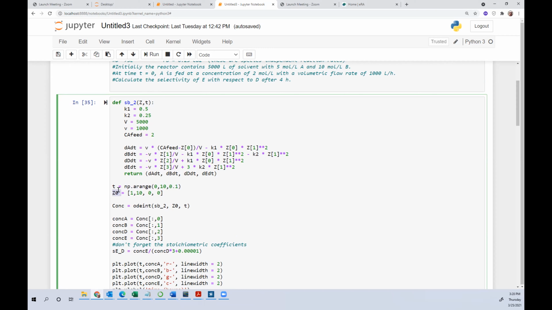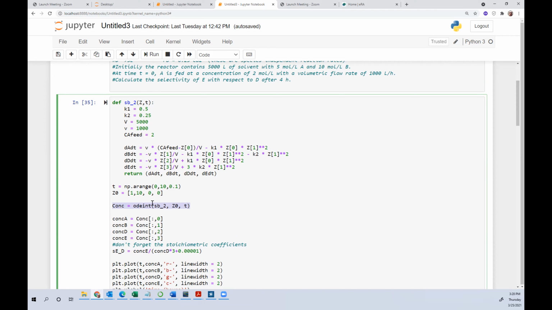So Z naught is your initial condition. You put those in brackets. The initial conditions are concentrations, right? At time 0, 1 mole per liter of A, 10 moles per liter of B, 0 of C, 0 of D, 0 of E. And this is the actual solver. I just call it concentration.